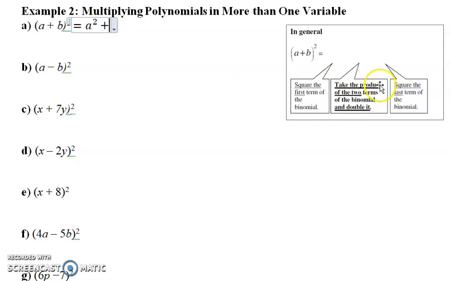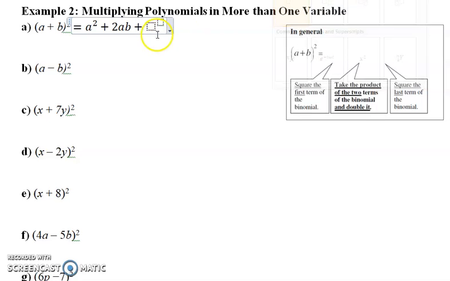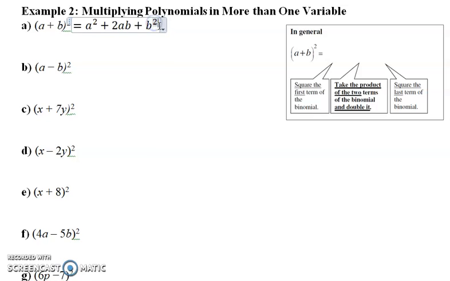Then we take the product of the two terms, a times b, and double it, so multiply by 2, and then we square the second term. b times b becomes b squared. And it's that easy. You're done. Okay?